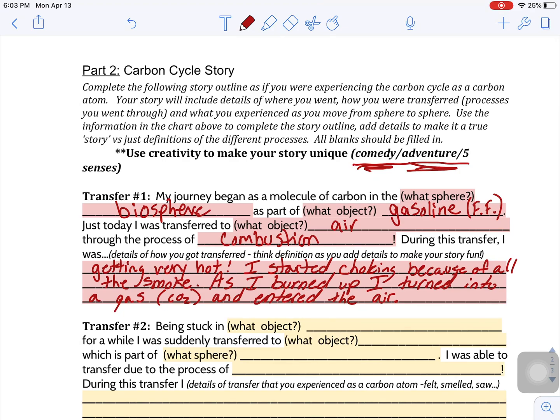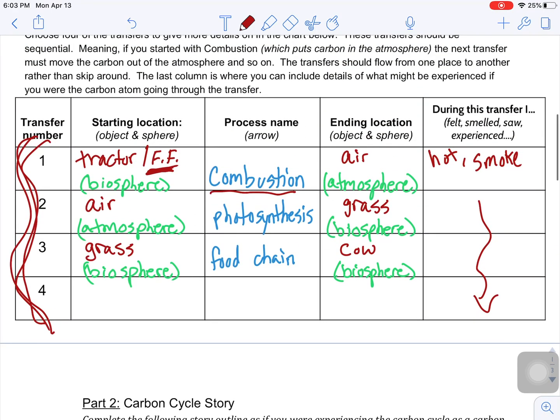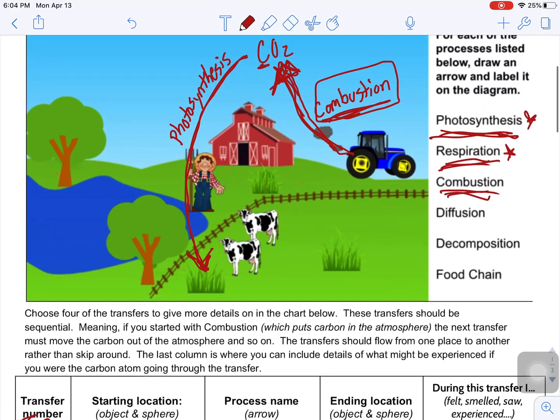Okay? Now, at this point in my story, I'm in the air. So in my table here, this is where I'm at. I'm in the air. Now in my story, I am saying that the carbon dioxide through photosynthesis went into the grass.